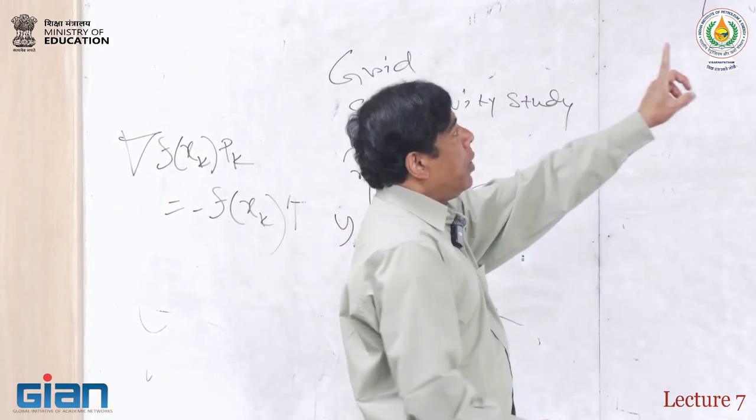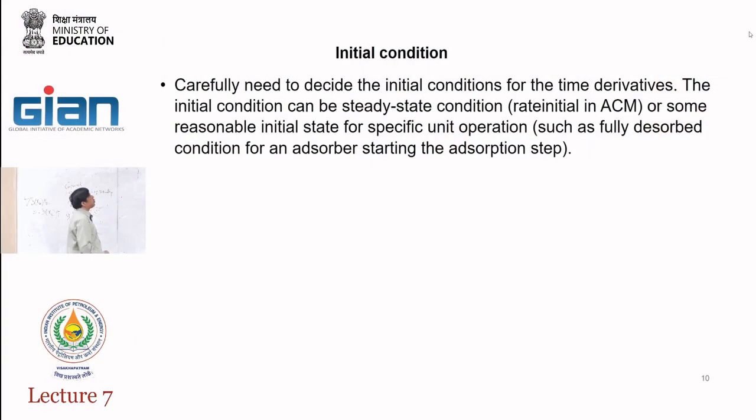One thing I wanted to finish over here is that the initial condition is very important for all of us to consider. At t equal to 0, I have all the variables in the bed. What should be their values? What is the concentration of each of the species there?